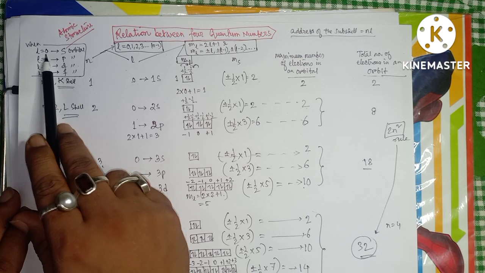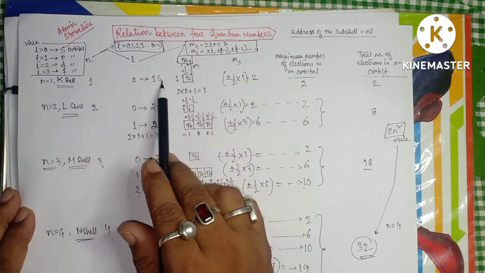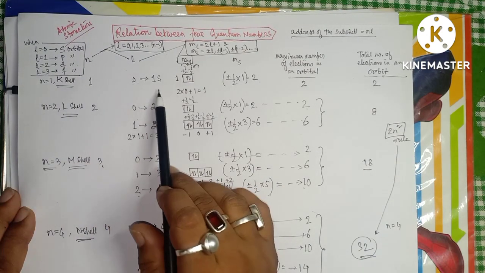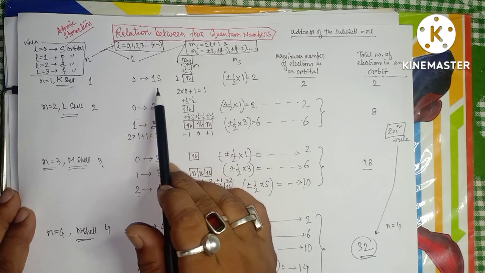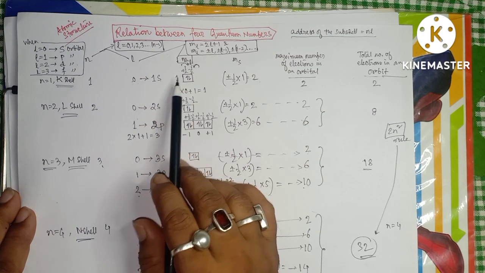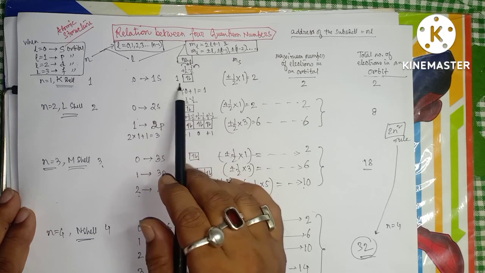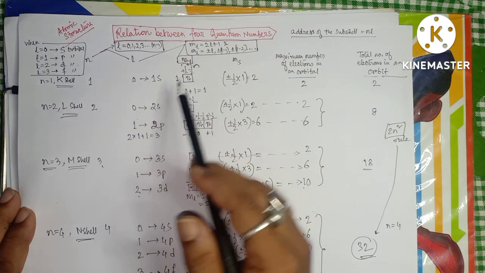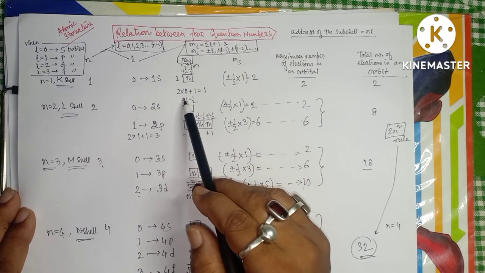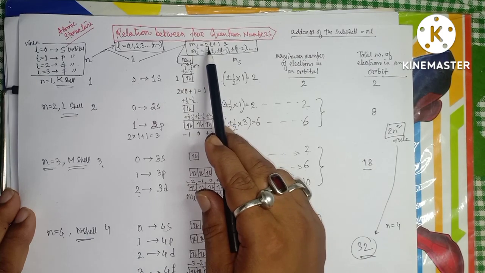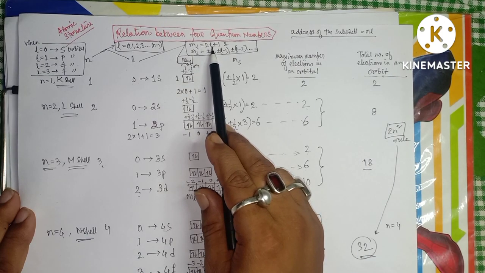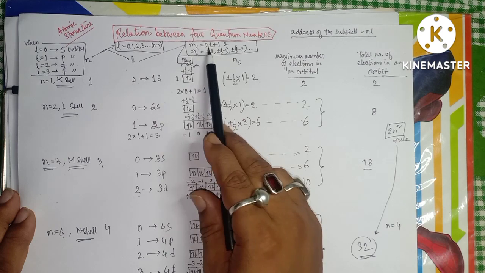When l is equal to 0, it represents s orbital. We can represent 1s orbital with the help of a box diagram, and the value of the magnetic quantum number may be obtained from this relation.